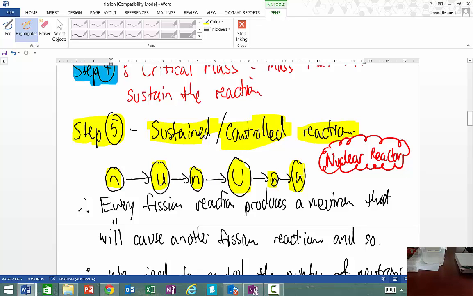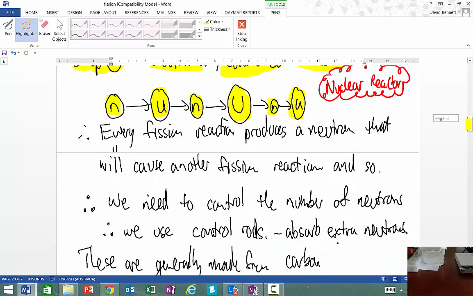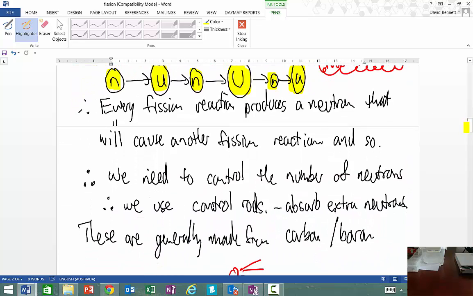So once we get up to our critical mass and we get a controlled reaction going, we want to control the number of neutrons that are causing fission reactions. If we can do that, then we can actually control the amount of reactions that are occurring. So that's what we do. We use control rods, which are generally made of cadmium or boron, and those 2 elements basically absorb neutrons.